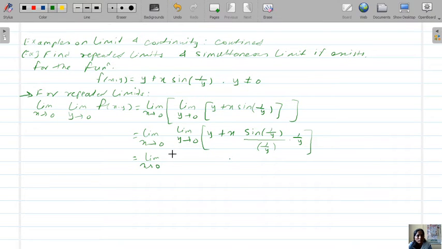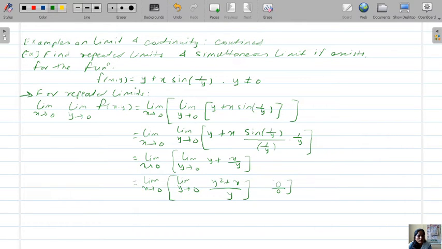So again you have to adjust here. So limit x tends to 0, limit y tends to 0, y plus x upon y. So it is 0 by 0 form.